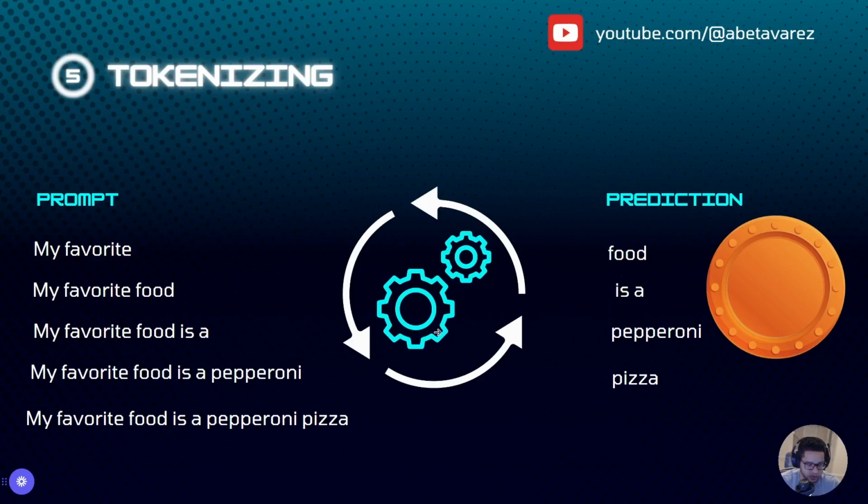It's going to run through it again, and then let's say it predicts that the next word is going to be pepperoni, and then it's going to add it to the prompt, run it again, and predict that after pepperoni, you're of course going to say pizza, right? So it's going to give you the output: my favorite food is a pepperoni pizza. So this happens behind the scenes, and for each prediction, this is going to generate a token.